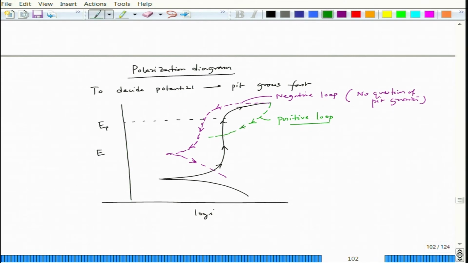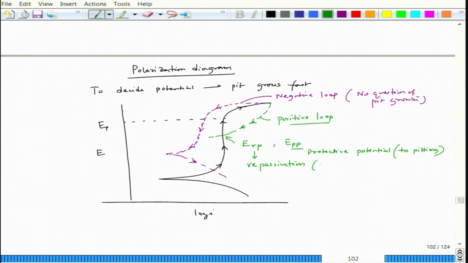polarization. So, this potential has got a huge importance. This potential is called ERP, or in some books you will find it called EPP. The RP is repassivation and PP is protective potential, in fact, protective potential to pitting, and this is also repassivation.